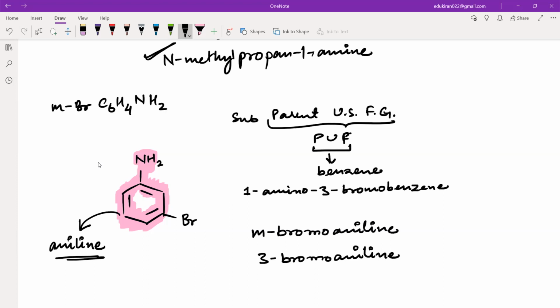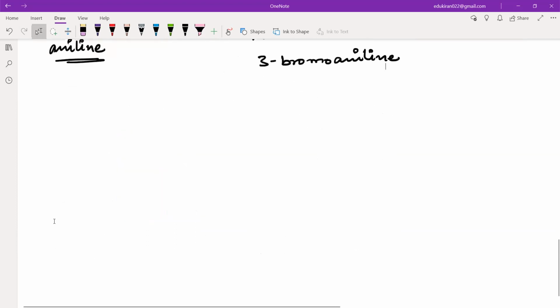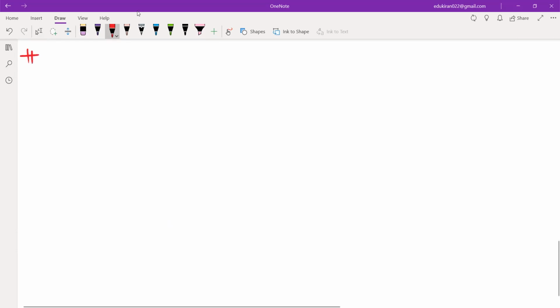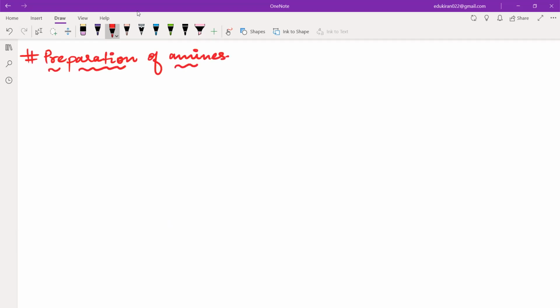Okay. So now let us write the preparation of amines. The first method of preparation of amines, please write this with me, is from alkyl halides.